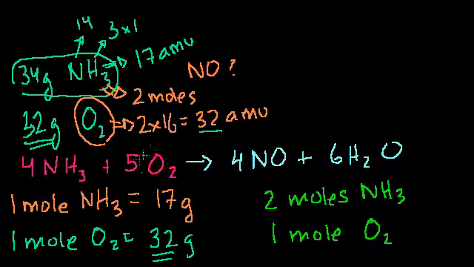Or for every 5 moles of oxygen, we need 4 moles of ammonia. So something doesn't gel here. Normally we need more moles of oxygen than we have ammonia. In the example that we're working through, we've been given less moles of oxygen than ammonia. We've been given less oxygen than we need for all of this ammonia, right?